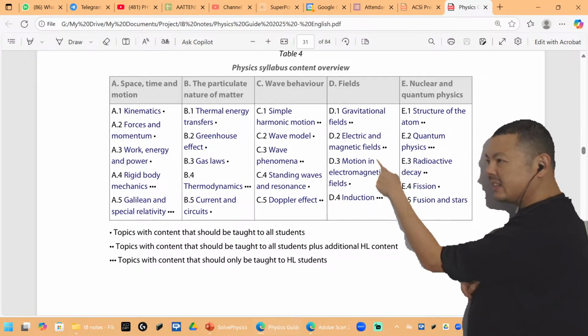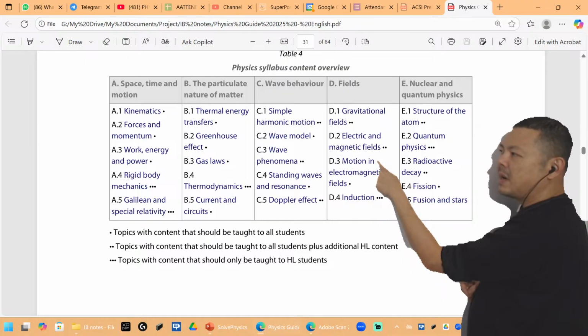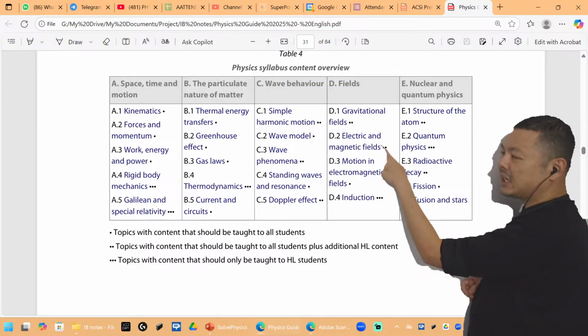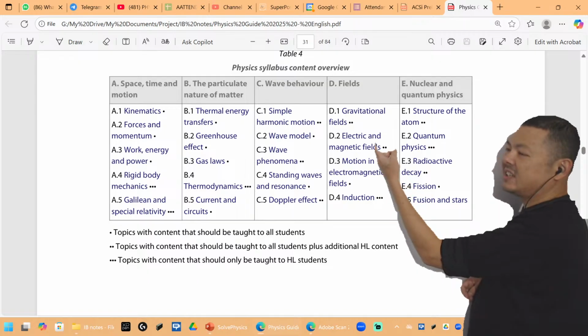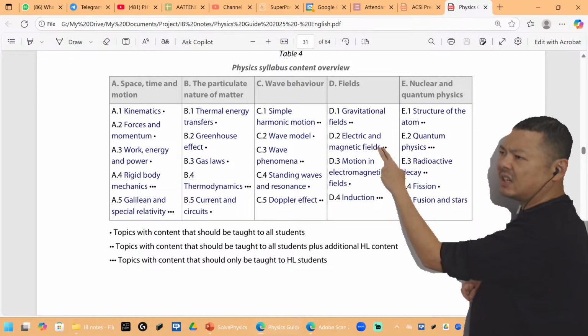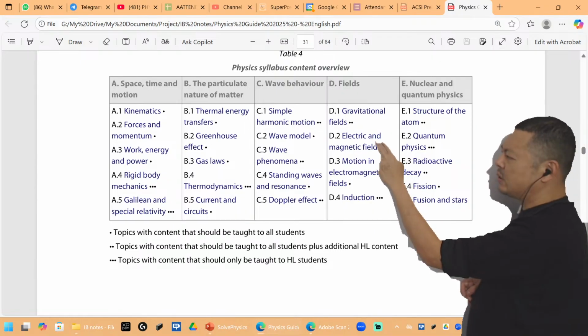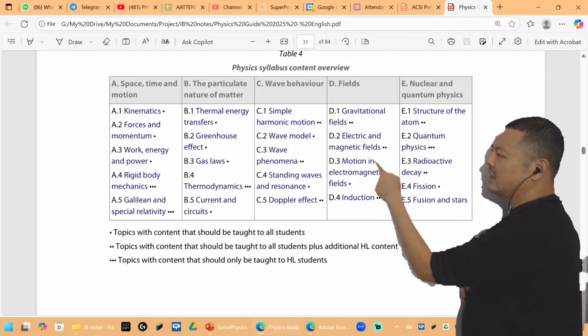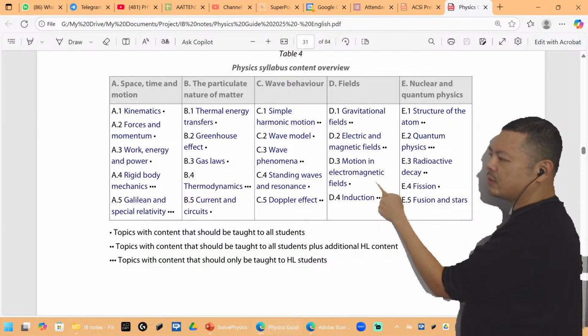Force between wires, magnetic force on wire, magnetic force on magnets, magnetic force on charged particles. Velocity selector was tested in CT, right? So I don't think velocity selector will come out again. So these two things here, motion and electromagnetic fields.